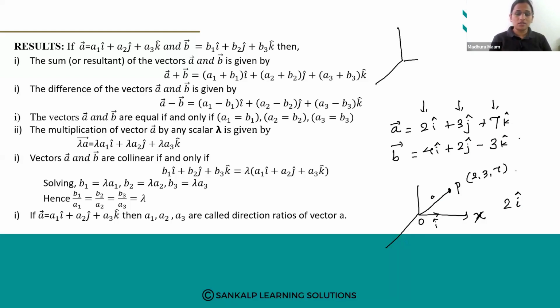Remember, because your vector is represented as xi plus yj plus zk. There is plus everywhere, so here there is a minus, remember. What is the scalar component here? It is -3. Right? Because I can write this as 4i plus 2j plus minus of 3k. Plus into minus is minus.